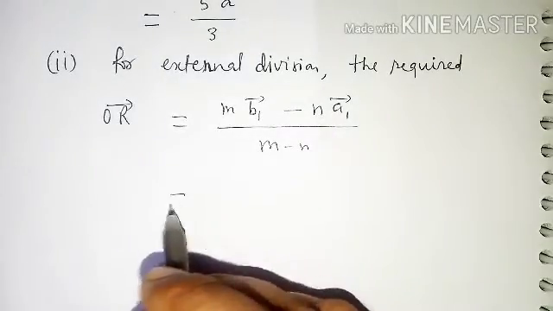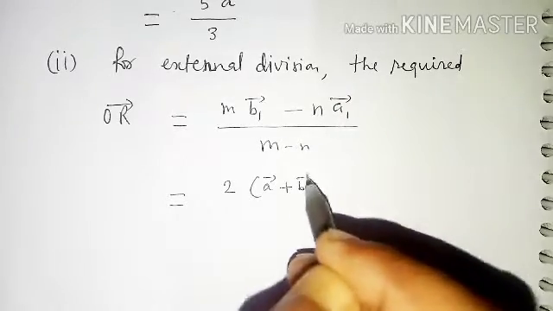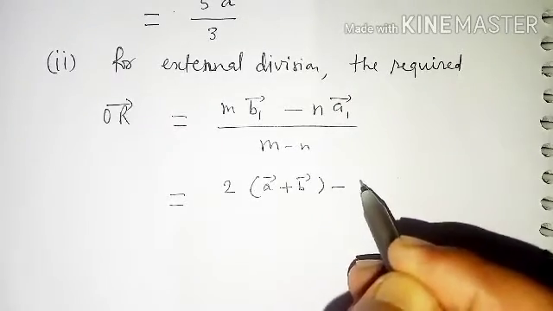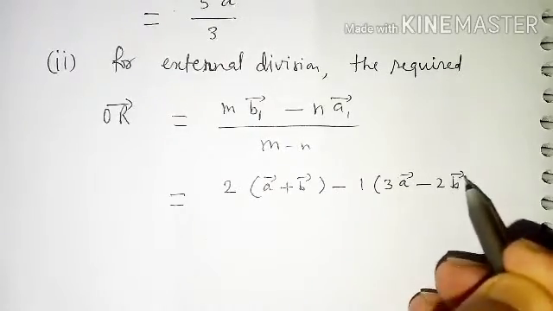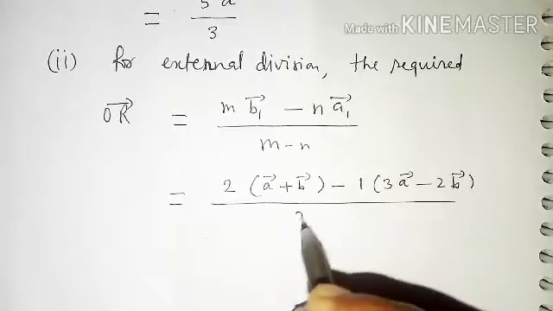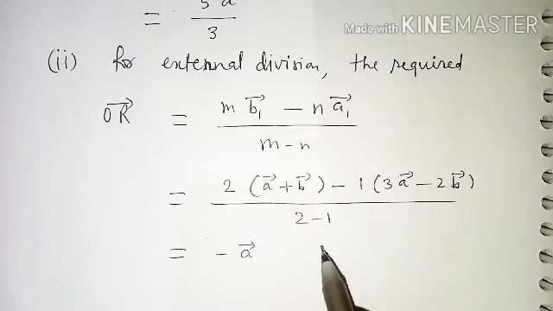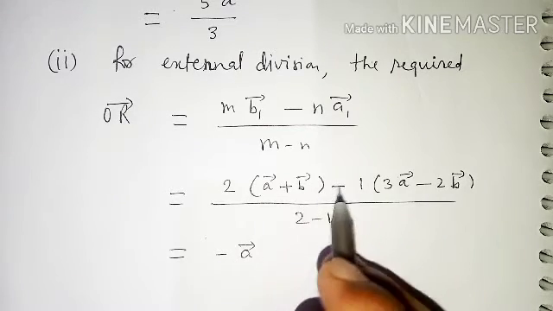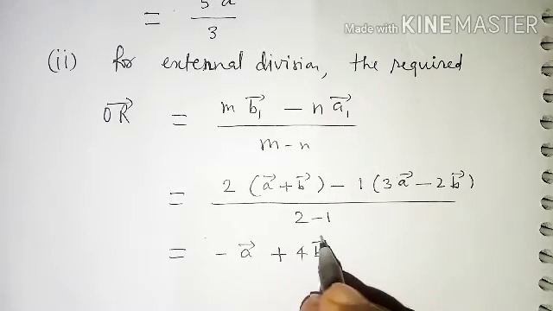So we have 2 vector a plus vector b minus 1 into 3 vector a minus 2 vector b by 2 minus 1. So we have 2 vector a minus 3 vector a, so minus vector a, and 2 vector b minus into minus plus, so 4 vector b.